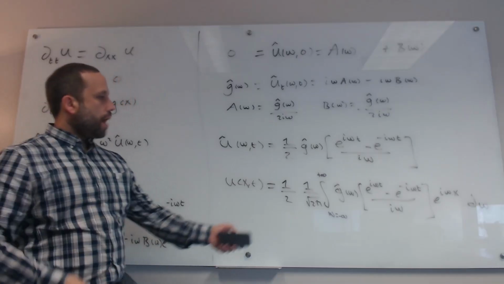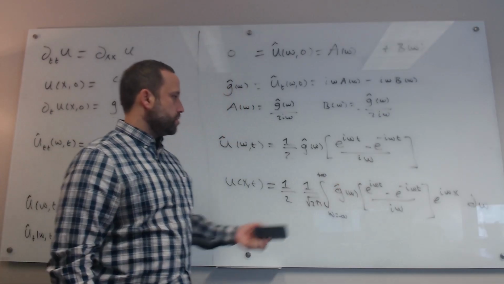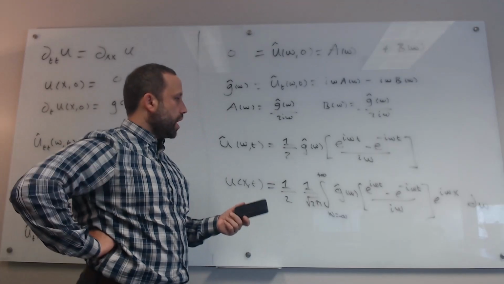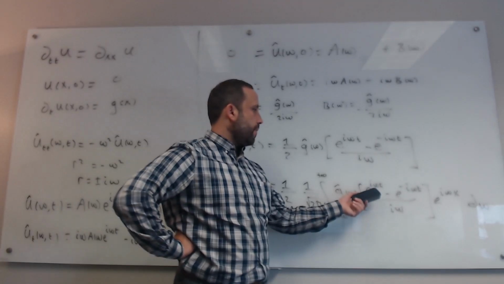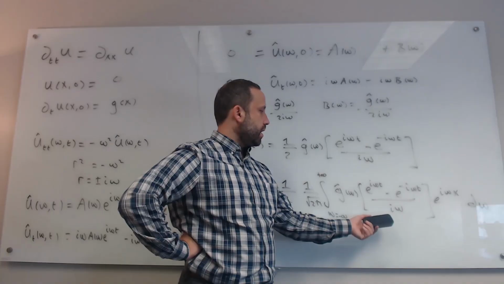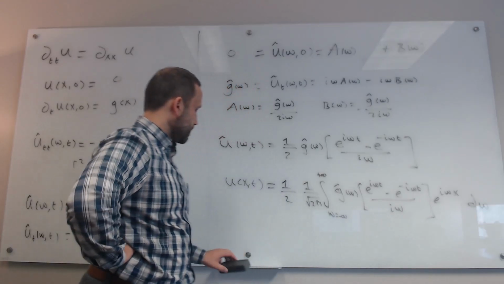Okay, I'm looking at this part. I'm going to have to figure out what to do here. So I'm looking at this part right here, and I'm realizing, hold on a second, e to the i omega t over i omega is the antiderivative of e to the i omega t.